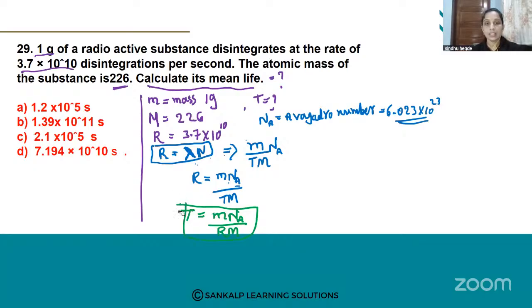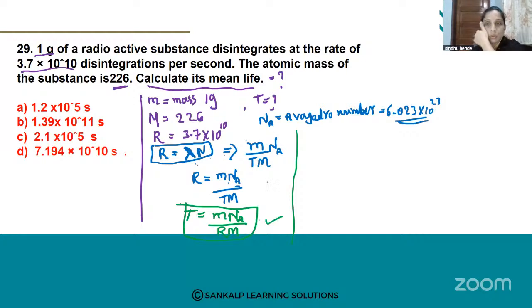This is the mean life formula to calculate the above question. What is the formula for the question given above? T is equal to m NA by R into M. So if you remember this formula directly, you can use it directly.